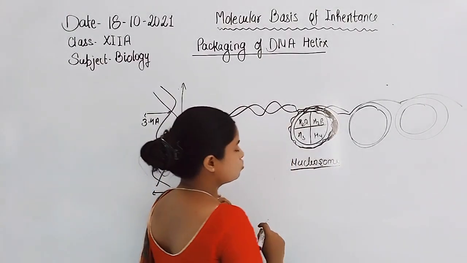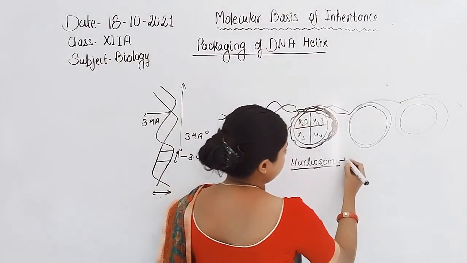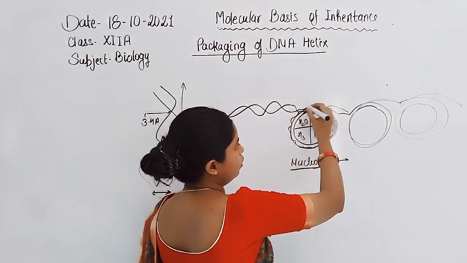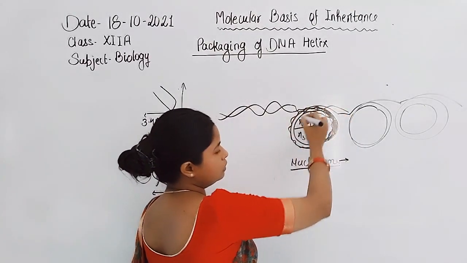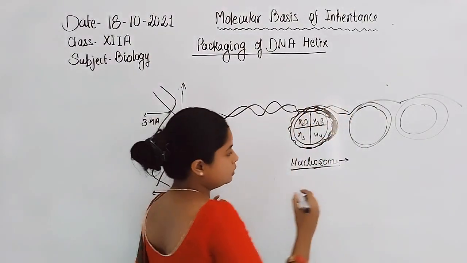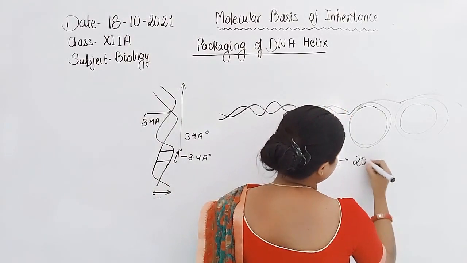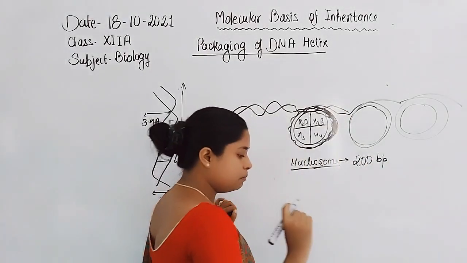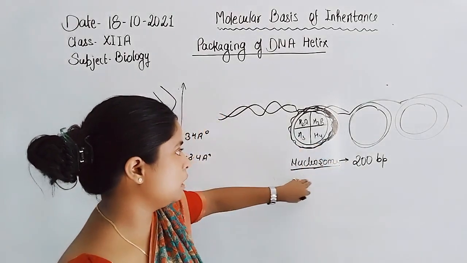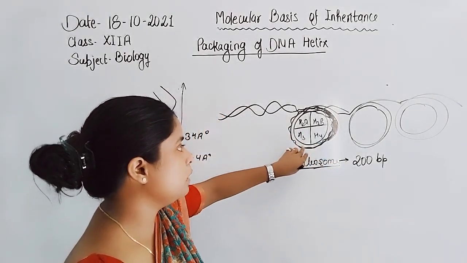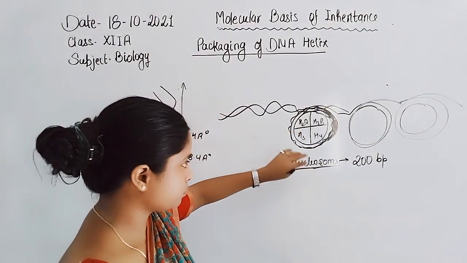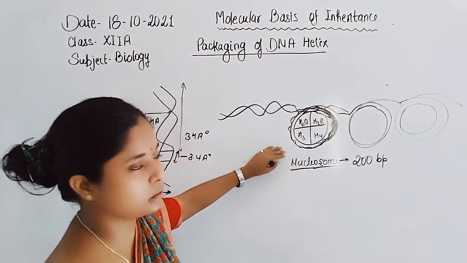If we talk about how many bases are involved to cover the histone protein, there are about 200 base pairs involved in the packaging of DNA in only one nucleosome, only one histone protein.